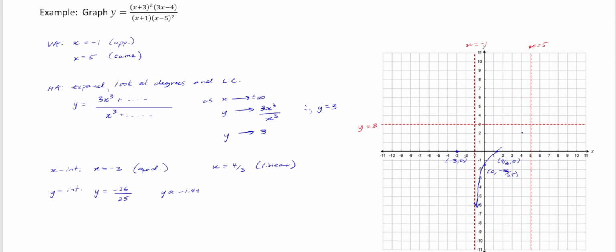All right. And then what's going to happen here is it's going to go up towards infinity here. I know it's not going to go back down towards -infinity because it can't cross the x-axis again. So the only direction it can really go is back up that way.